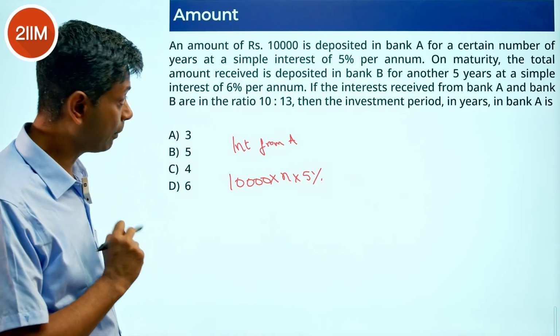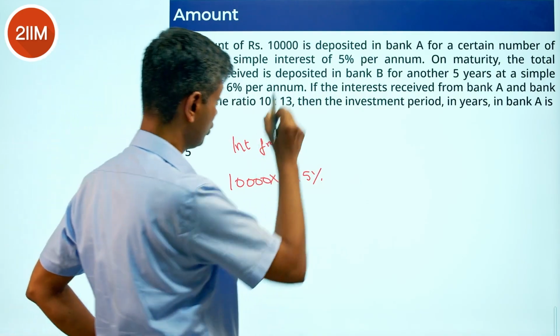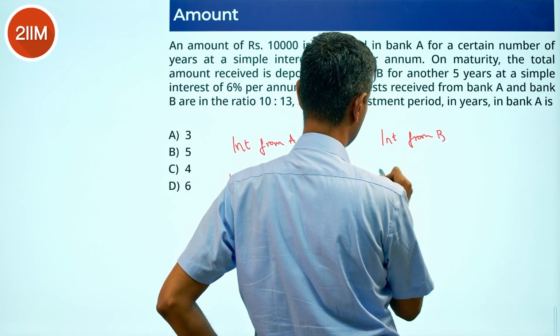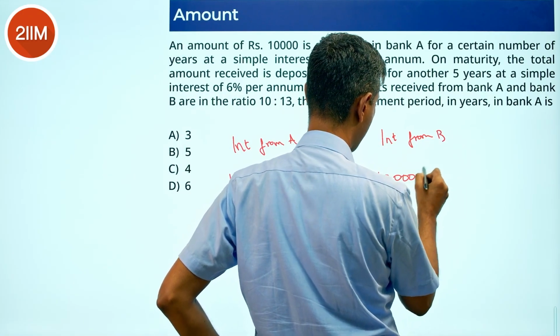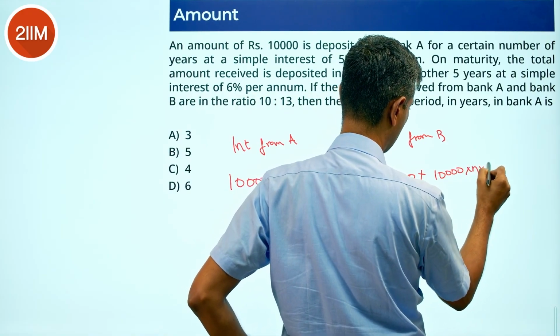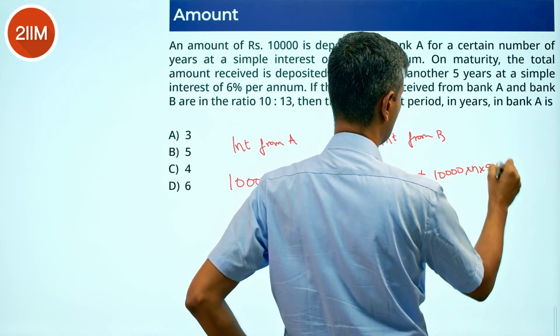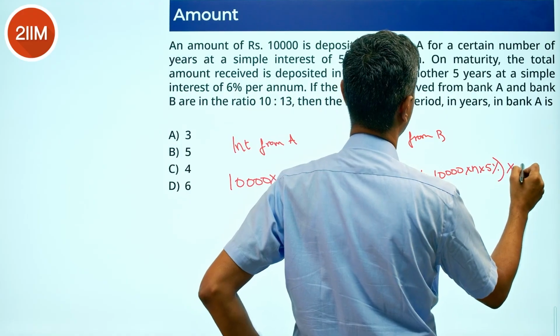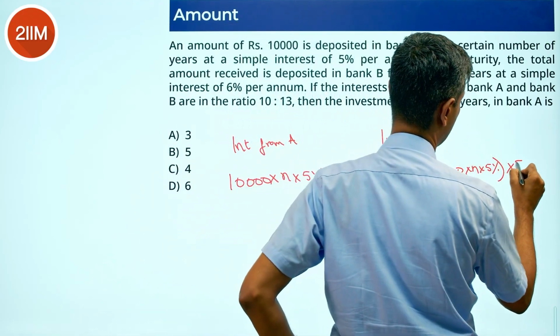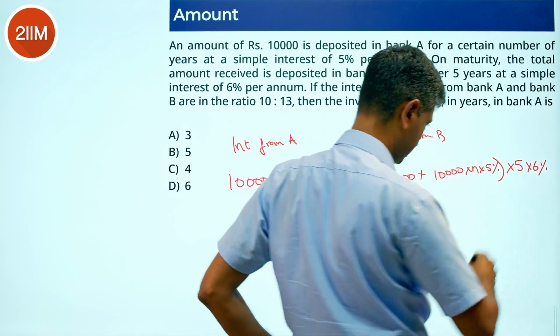This is deposited in bank B, not just this amount, all the amount. Interest from B is 10,000 plus 10,000 into n into 5%, the whole thing, for 5 years at 6%, into 5 at 6%.